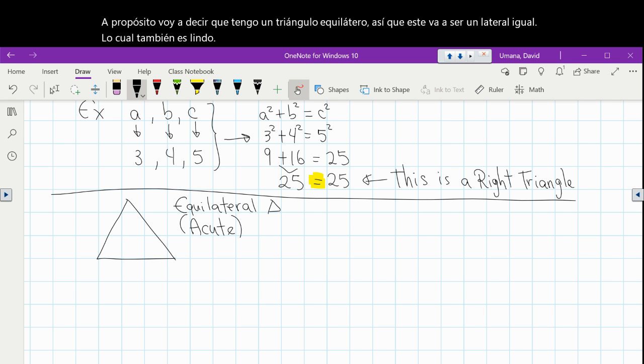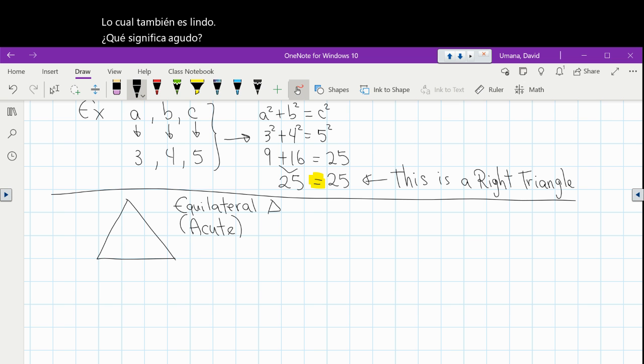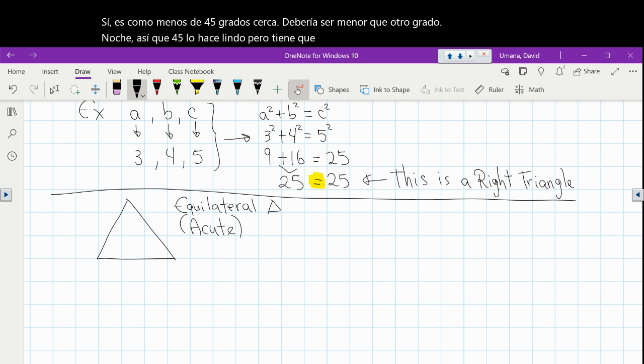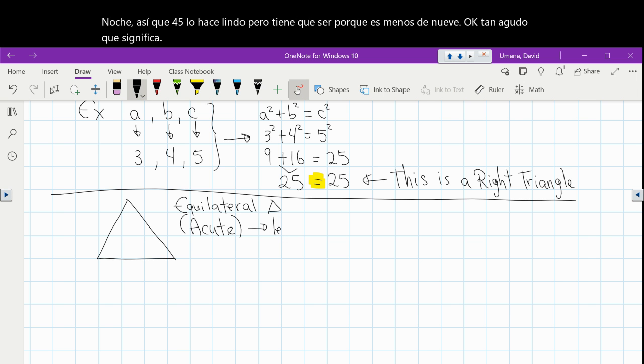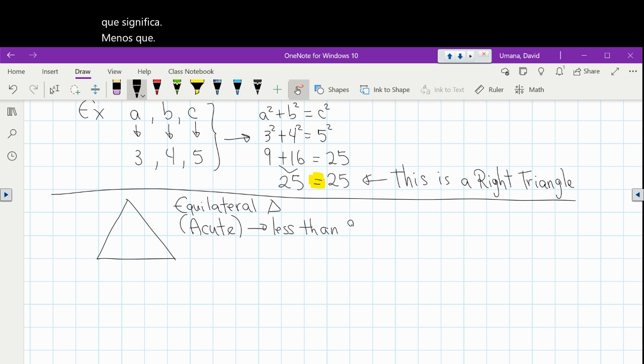What does acute mean? Yes. It's like less than 90 degrees. Okay? So acute, which means less than 90 degrees.